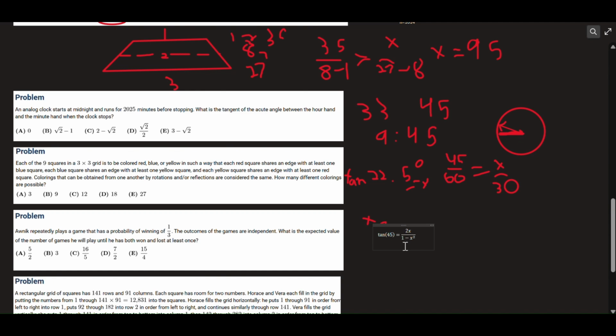So we know that the tangent of 45 degrees is 1 using our 45-45-90 triangle. That means that 1 minus x squared equals 2x, and thus x squared plus 2x minus 1 equals 0. And solving that equation, we get x equals square root of 2 minus 1, which is B.